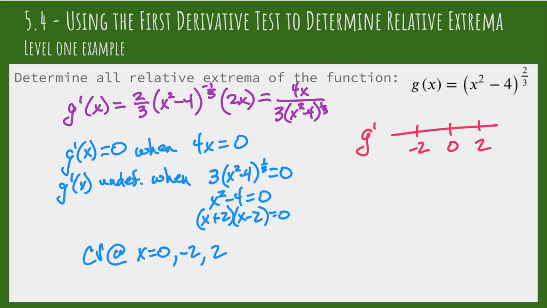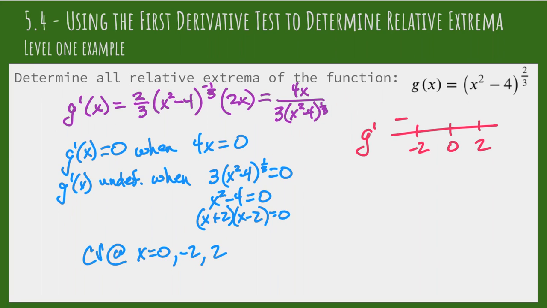So if I take a really big negative number, so I'm looking at this interval right here, and plug it into the derivative, I'm going to get a negative on top, and then on the bottom, this is going to be a really big number, and a really big number to the 1/3 power is going to be a really big number. The important thing is that we're going to get a positive on the bottom, so we're going to get a negative derivative there. So negative there.